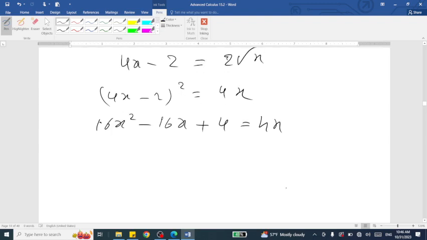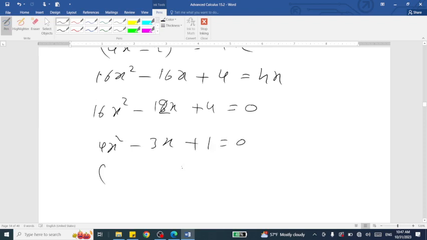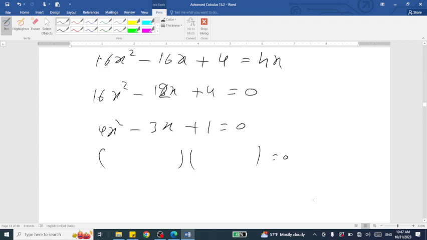a equal to what? 12 y plus 4 equal to 0, divided by 4. 4x square minus 3x plus 1 equal to 0, equal to what? I don't know.